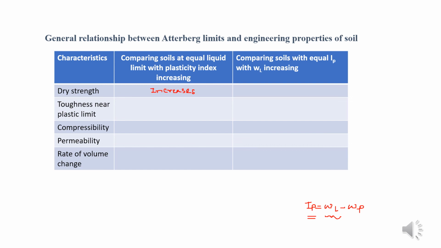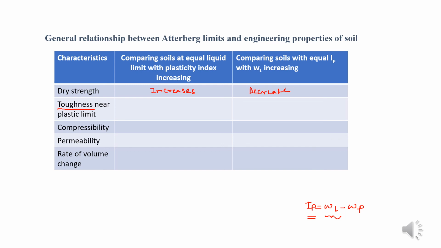And suppose my plasticity index now remains constant and my liquid limit is increasing. Liquid limit increasing means my soil has a decreasing dry strength, so my dry strength will decrease.